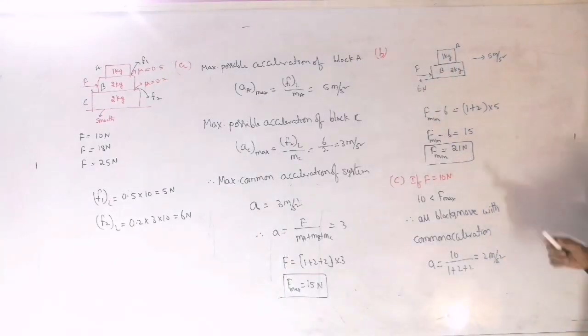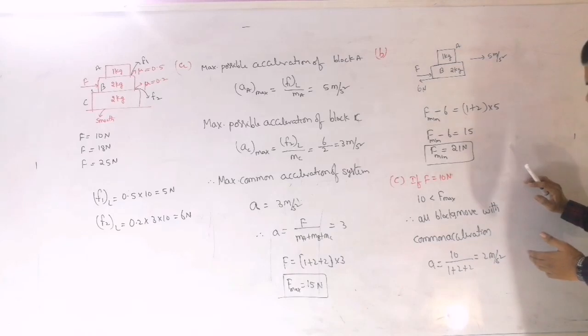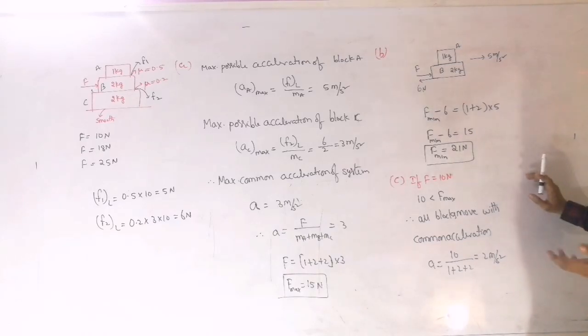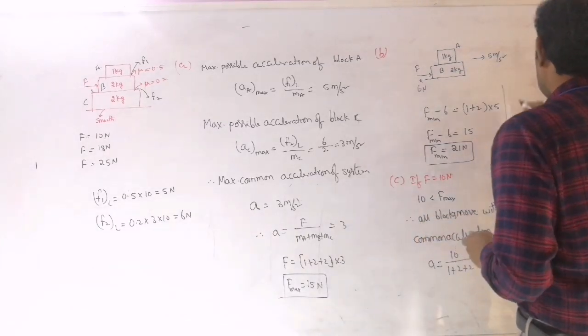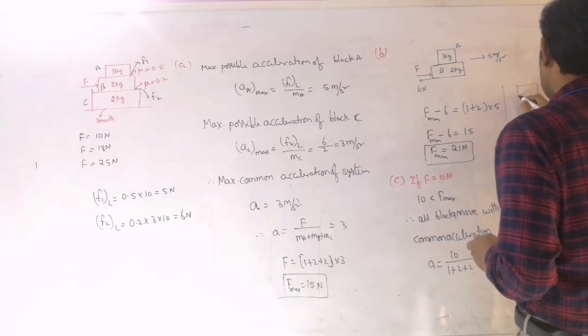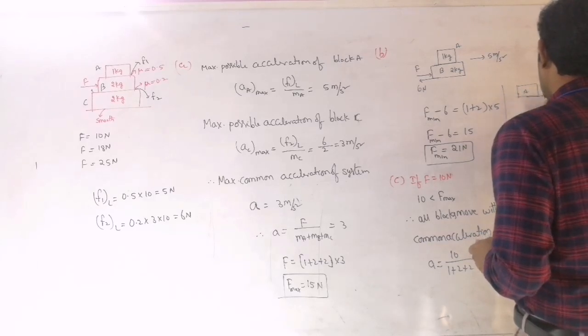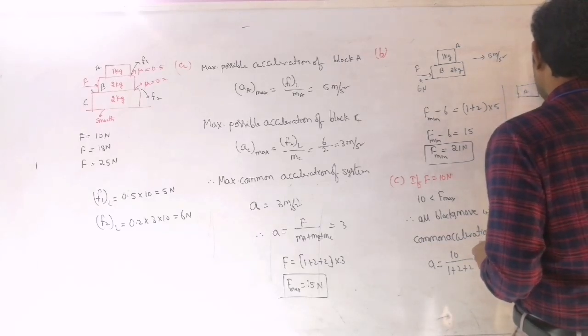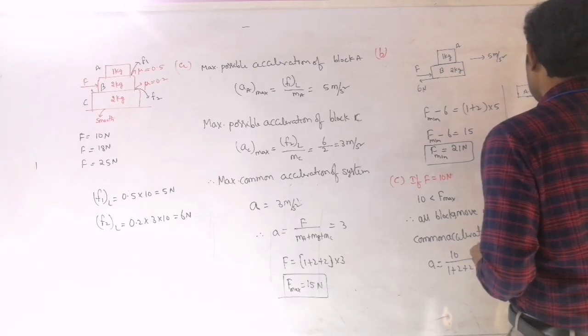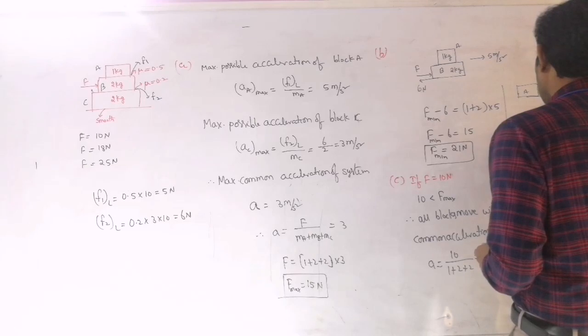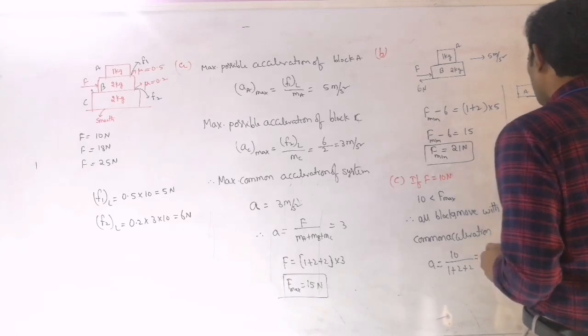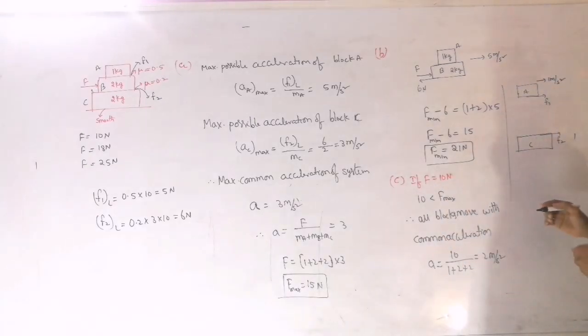This system here, all the three blocks are moving with this common acceleration, and a corresponding friction you can calculate there, right? If you are taking the 1 kg block, for example, I will just mention this frictional force also. If you are taking this block A, it's F1 and it is moving with an acceleration of 1 meter per second square. That gives our F1 value. And if you want to calculate this F2 value, let us take the block C, then you can calculate that F2 value easily.